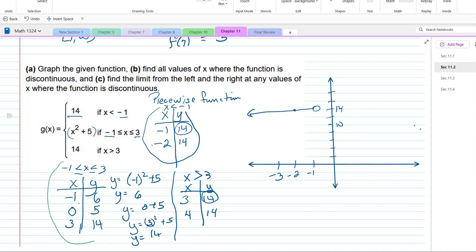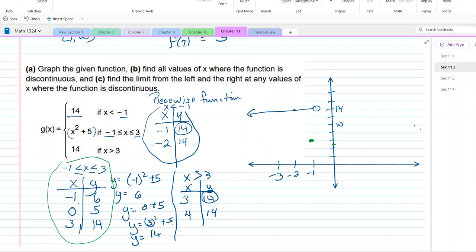For this one, we're going to use green. At -1, it's 6. At 0, it is 5. And at 3, it is 9, which is 14. That's interesting, isn't it?